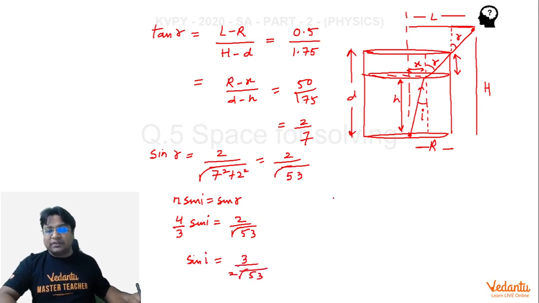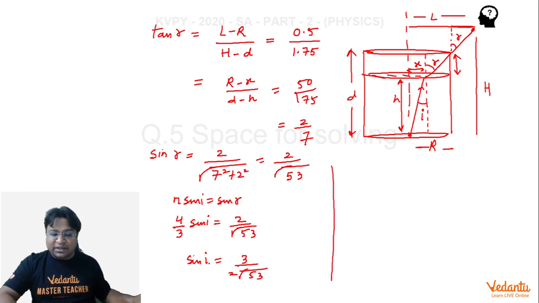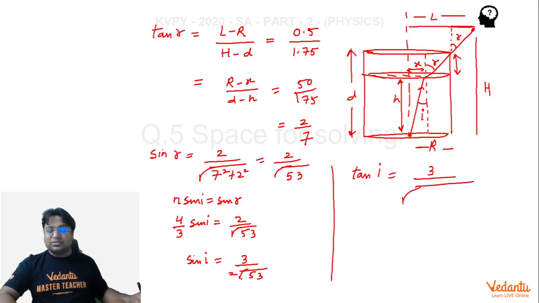So once we get the value of sine i, we can then find the value of tan i. So tan i would be 3 divided by root of square of this. So square of this would be 4 into 53. Okay, minus 9. That is square of this.